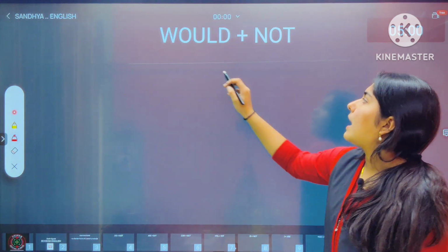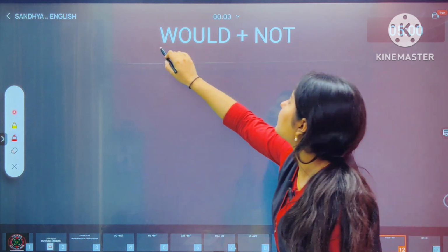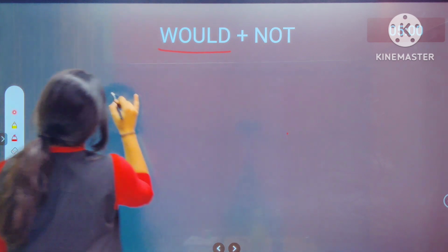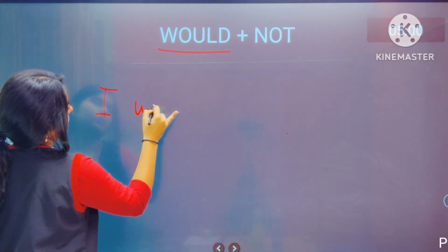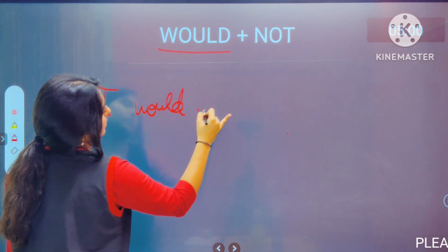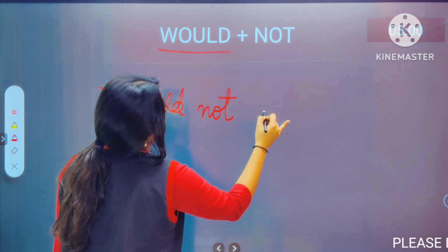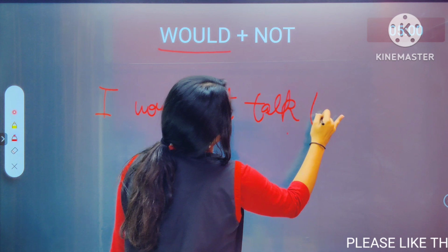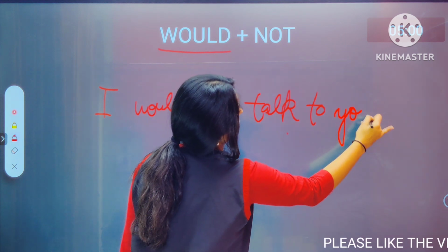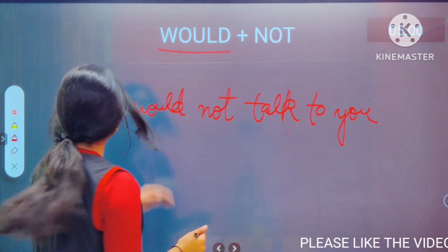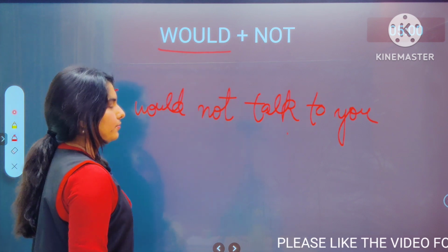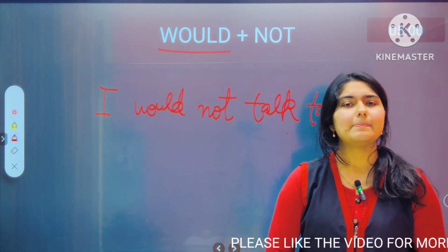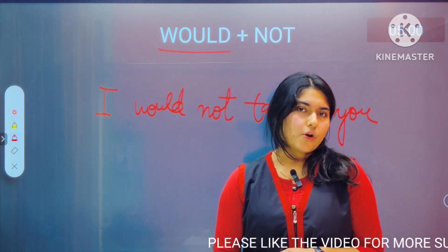The next contraction which we have is would plus not. Here the sentence which we have is I would not talk to you. For example, you are angry with your friend or with your sibling and you say I would not talk to you.